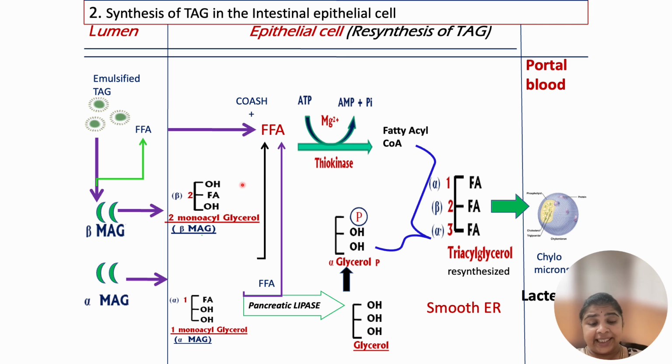Now, in the intestines we have already seen this previously, where monoacylglycerol was the most common constituent after digestion of lipids. So, monoacylglycerol can be absorbed, and free fatty acids and even glycerol are absorbed.